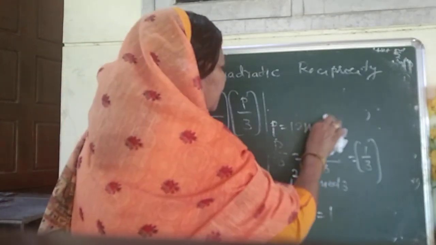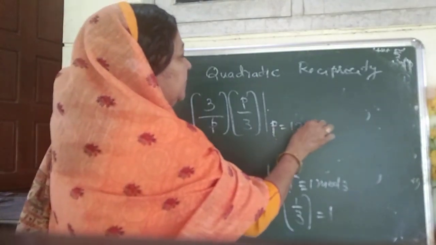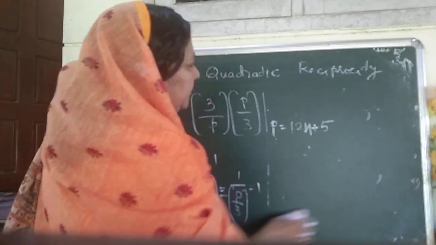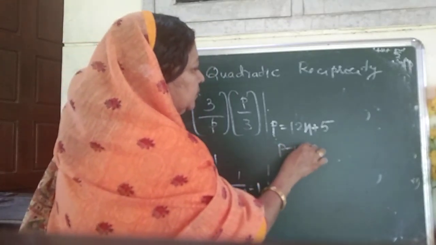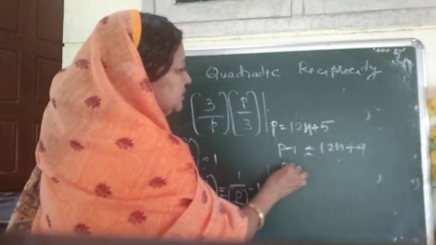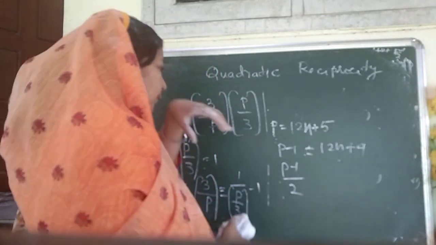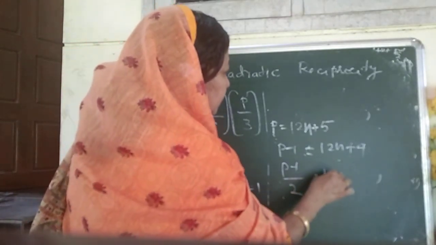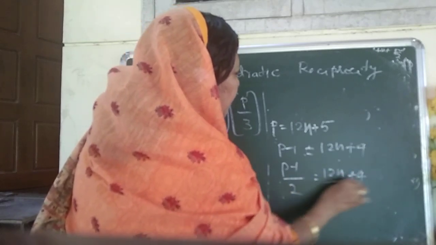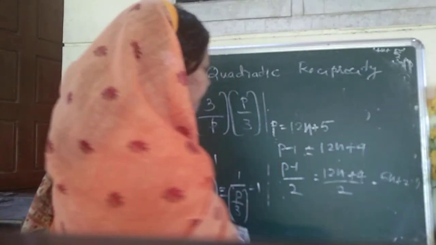Next form is 12n plus 5. Then p minus 1 equals 12n plus 4. So (p-1)/2 equals (12n plus 4)/2, which is 6n plus 2.